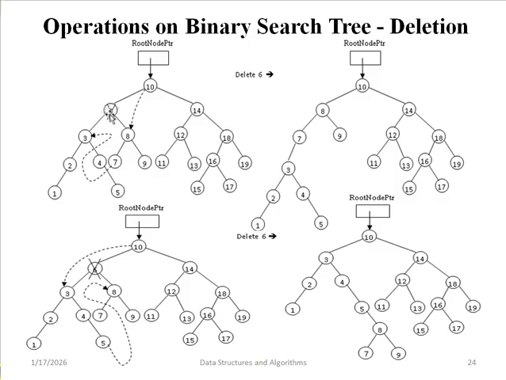If 6 is to be removed, first we should connect the right child of the node to be deleted to be the right child of the parent of the deleted node.